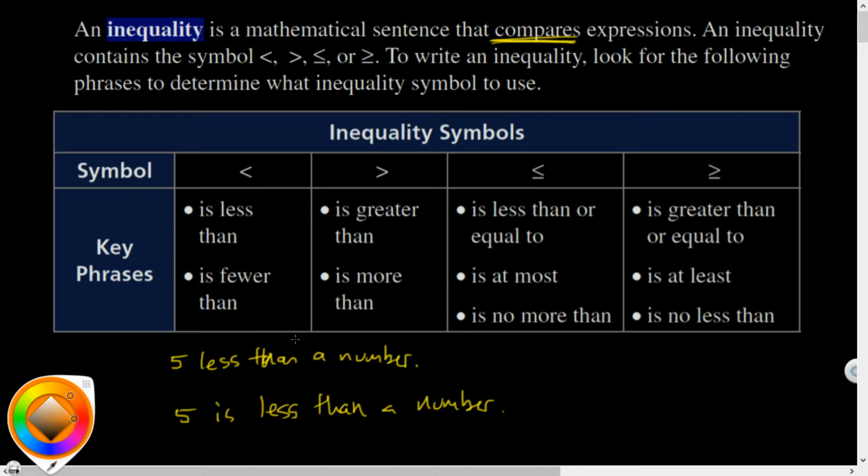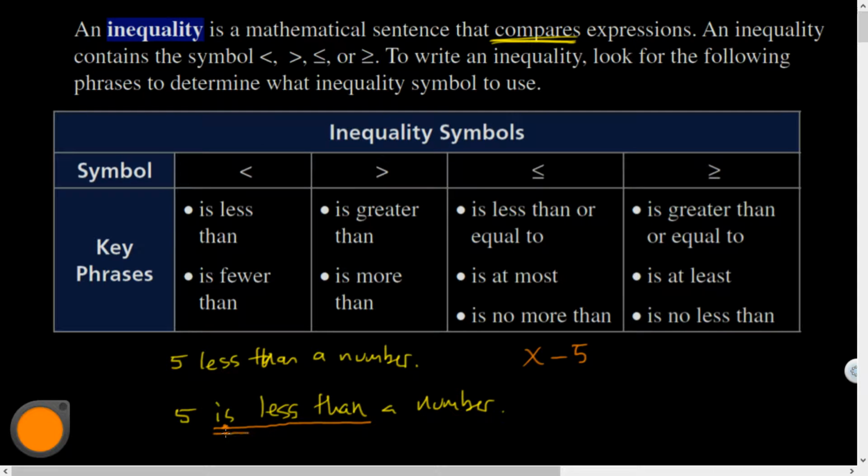Let's see. This first one, 5 less than a number, means 5 is being taken away, 5 less than something. Okay, so x minus 5. Where if I have the phrase 5 is less than a number, this is connected to the less than. Remember when we were translating before, is was our equal sign.